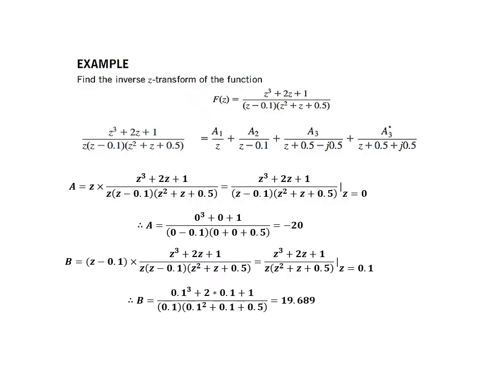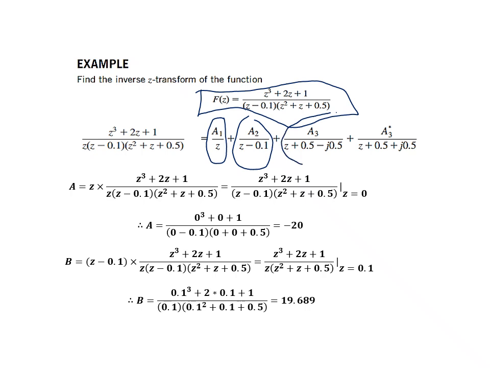Now we will find the inverse z transform of this function as an example: z cubed plus 2z squared plus 1 divided by z minus 0.1 times z squared plus z plus 0.5. We have here three partial fractions: a1 divided by z and a2 divided by z minus 0.1, as we divide both sides by z, and a3 divided by z plus 0.5 minus j 0.5, and a3 star divided by z plus 0.5 plus j 0.5.